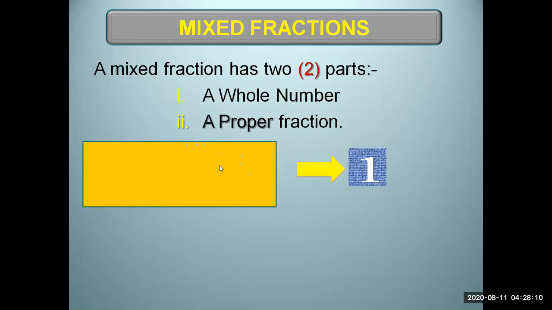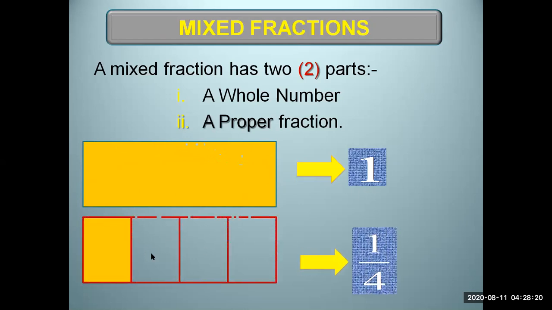For example, this whole rectangle is colored, so we say it's one whole. A whole is written as just a number, not in the form of a fraction. And then we have a rectangle that has been divided into 4 equal parts with 1 part colored. So the colored fraction of this rectangle is 1 upon 4.